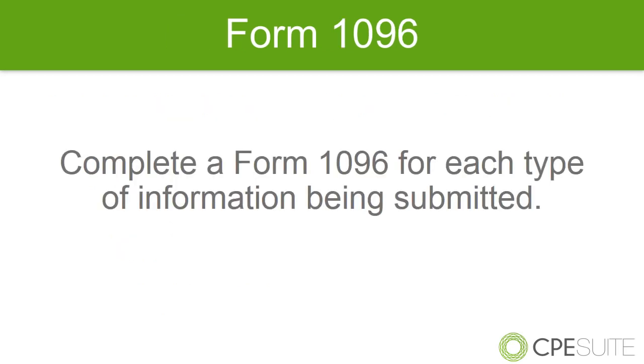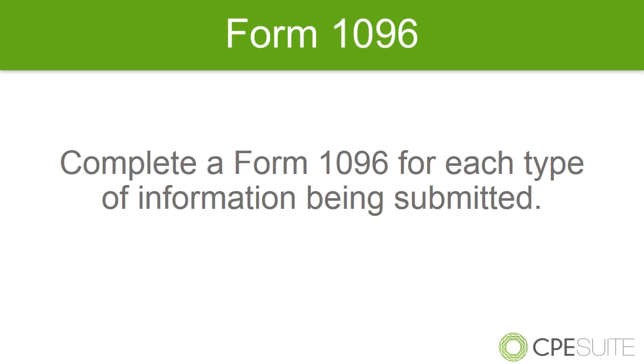A Form 1096 is the summary and transmittal form that goes with the majority of the different types of information returns that are out there, including our 1099 miscellaneous forms.